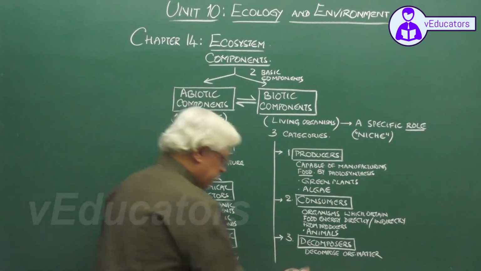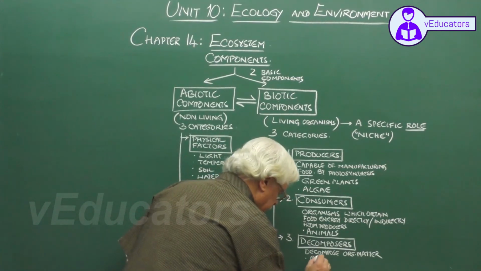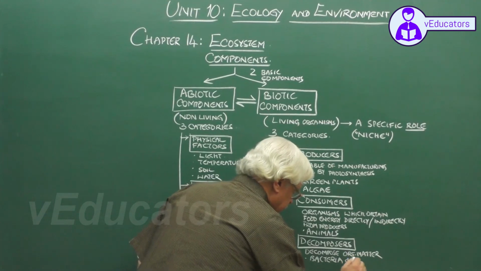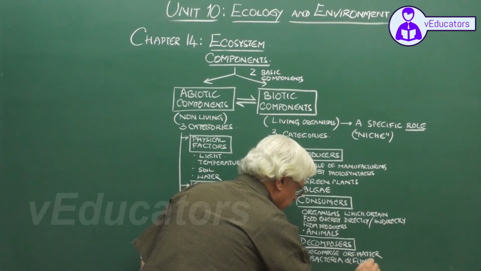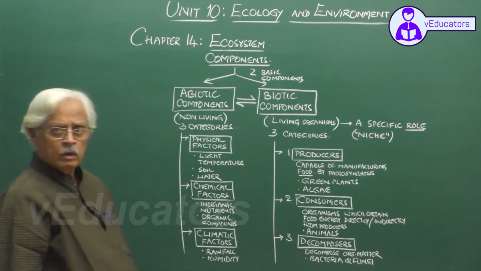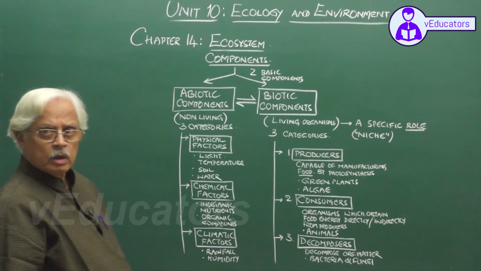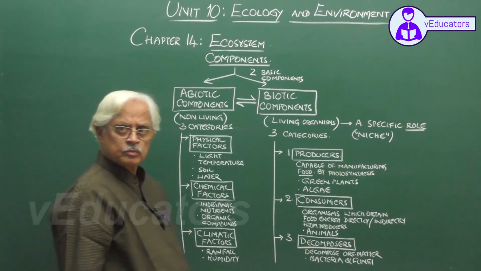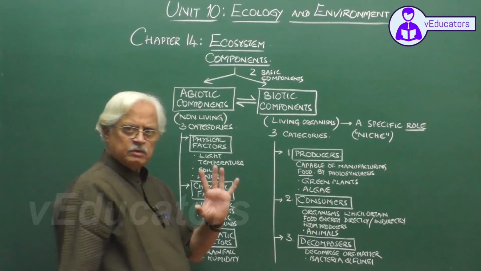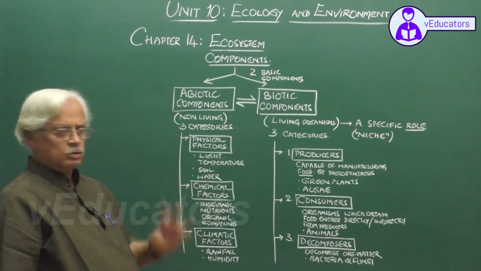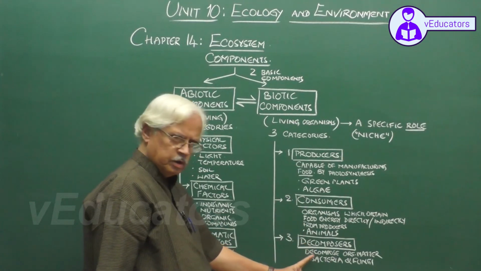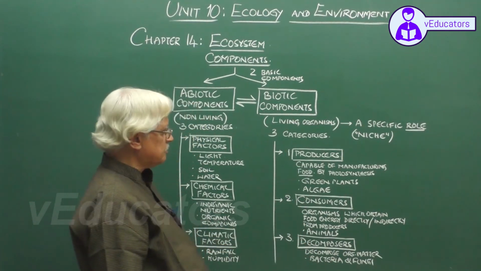These are represented by bacteria and fungi. Which means three categories of living organisms can be recognized in any ecosystem: producers, consumers, and decomposers.